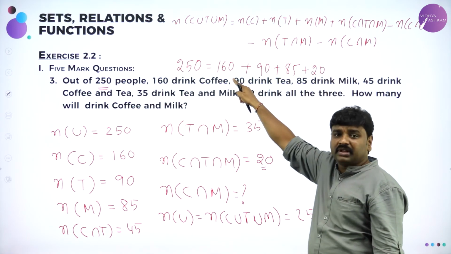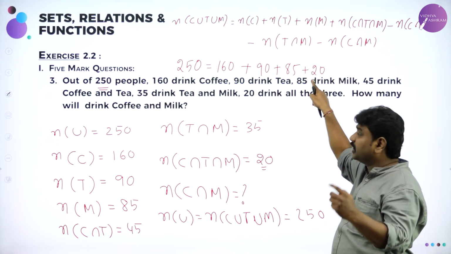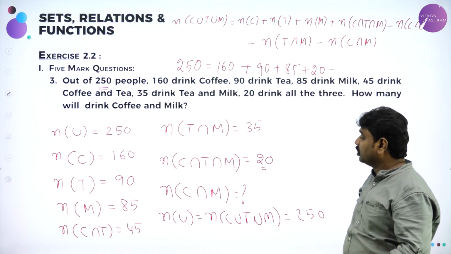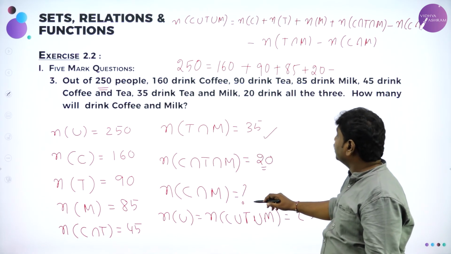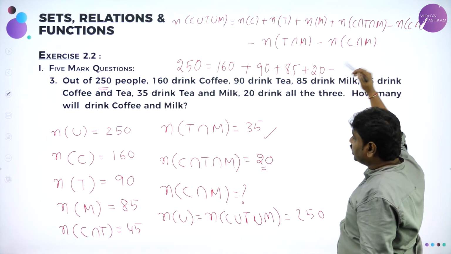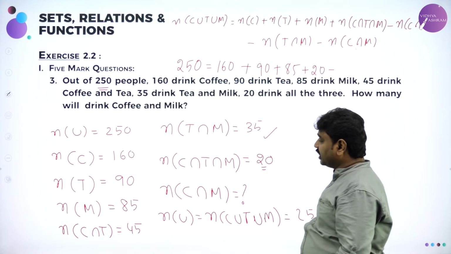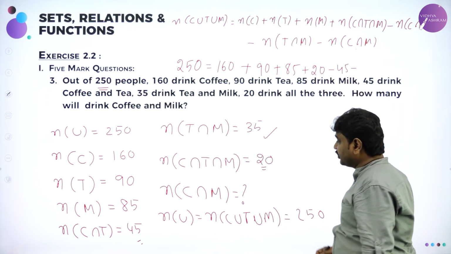N of C plus N of T plus N of M plus C intersection T intersection M. Now you remove 2. C intersection T, coffee and tea. Have they given coffee and tea? Yes, here 45. Minus 45.